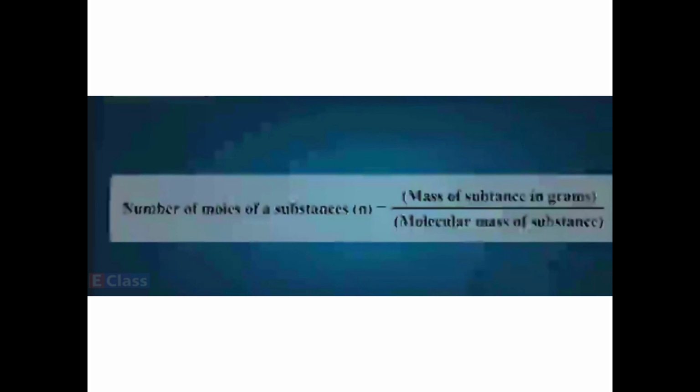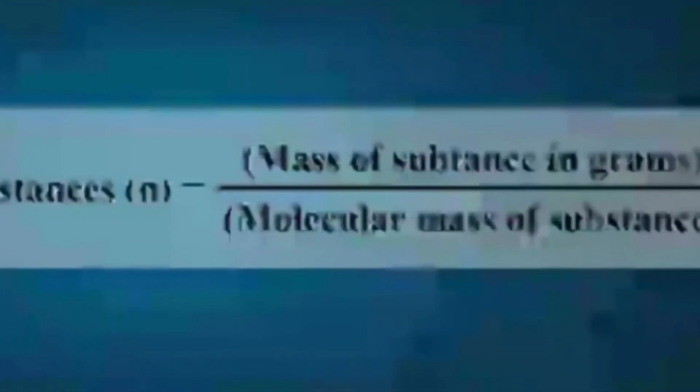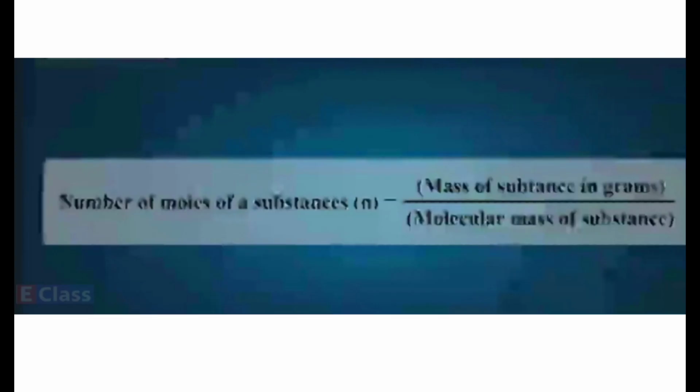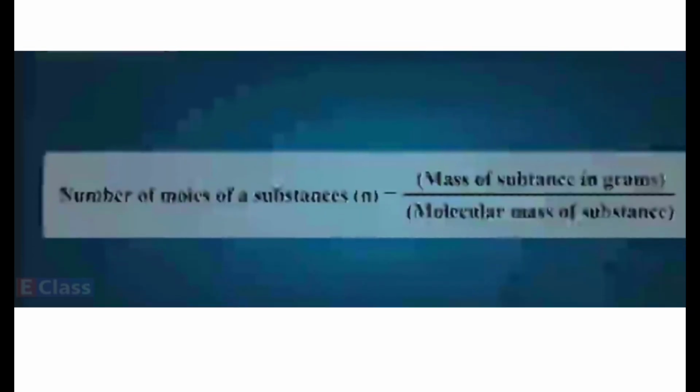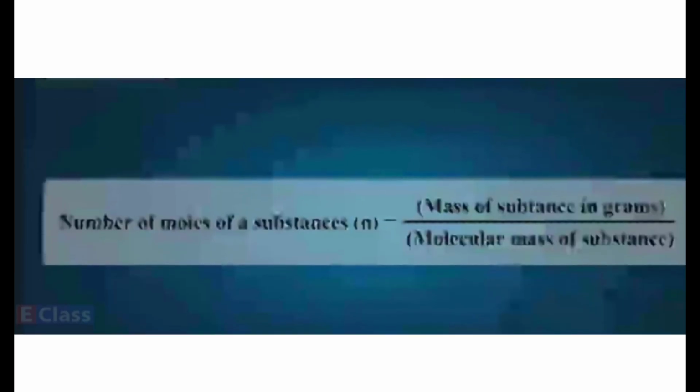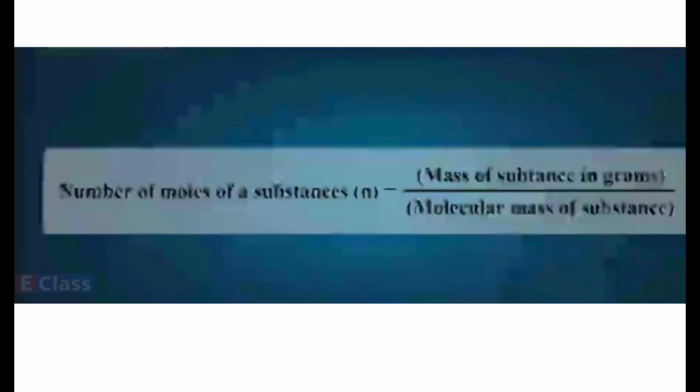So how will you write it mathematically? The number of moles of a substance, normally denoted by n, is equal to the mass of the substance in grams divided by the molecular mass of the substance. For example, suppose I have taken 48 grams of oxygen. So how many moles did I take? How will you find out?